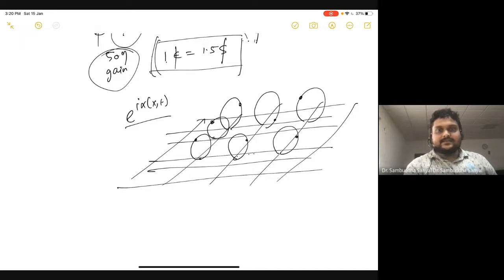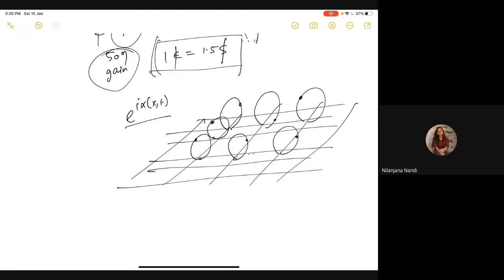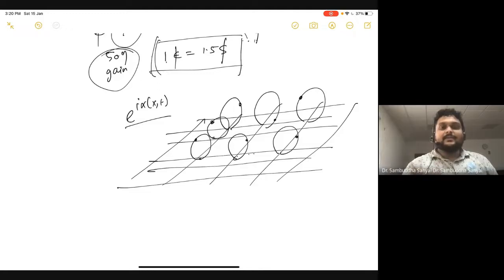Do you follow that this is the meaning of this gauge transformation of e to the power i alpha(x,t)? Yes, a little bit. Now I demand my theory should not care about this transformation. If I demand that, then the Schrodinger equation fails to satisfy that demand.